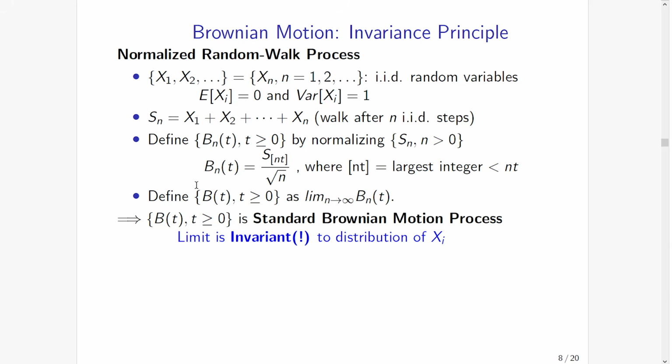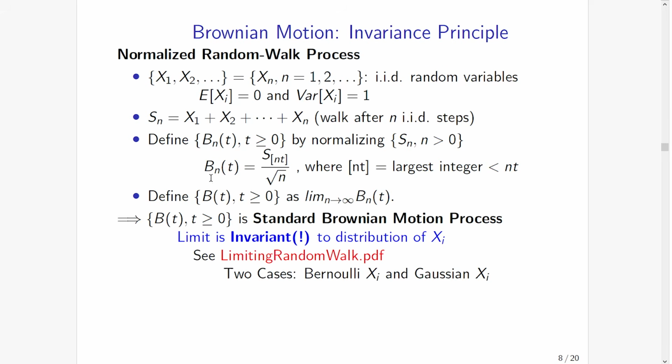If we have random walks with independent steps that have mean 0, standard deviation 1, then regardless of what that distribution is, the limiting normalized random walk will be the diffusion process. So let's take a look at two cases for the steps, Bernoulli x's and Gaussian x's, which of course will be Gaussian.